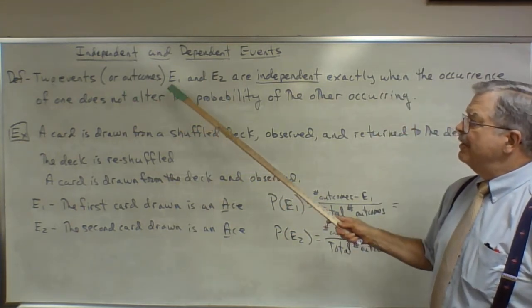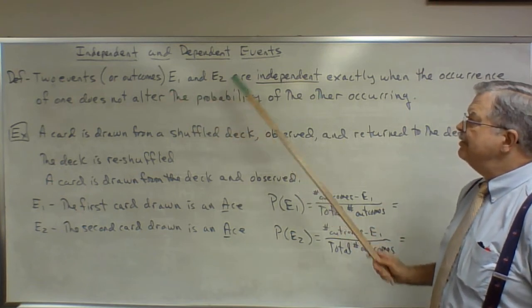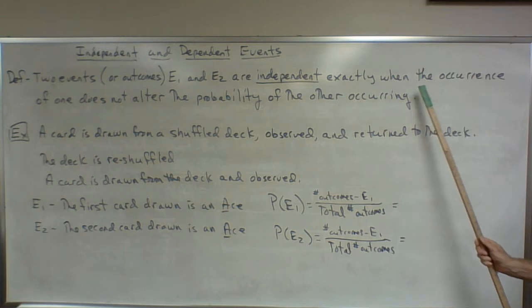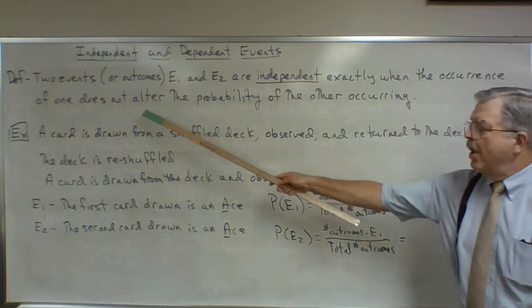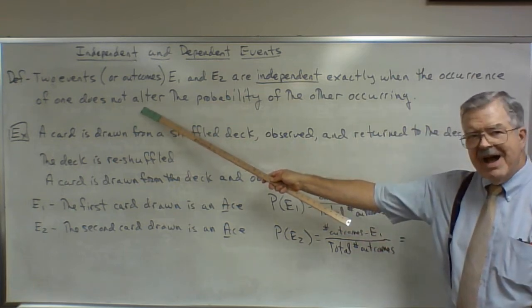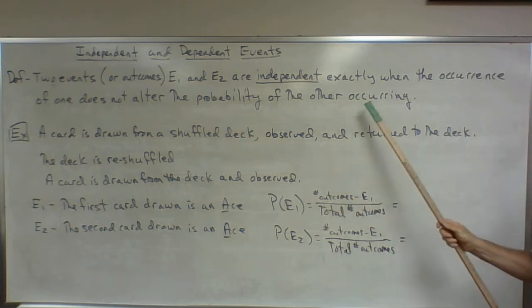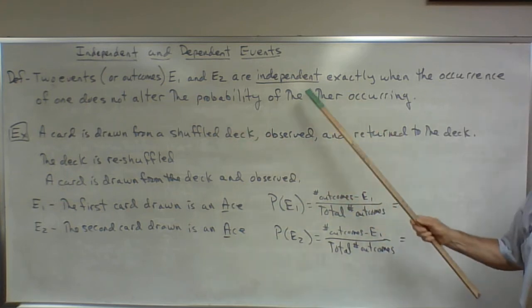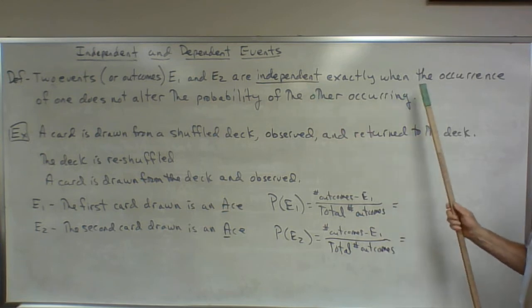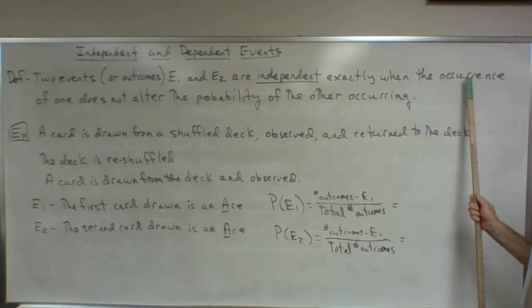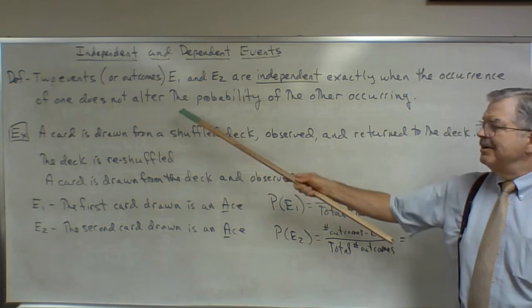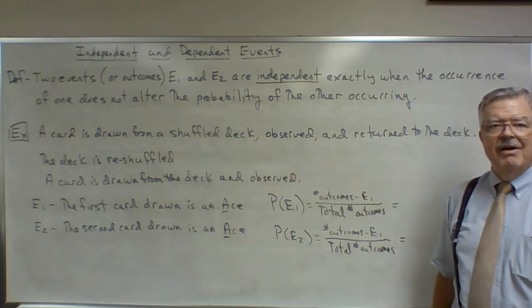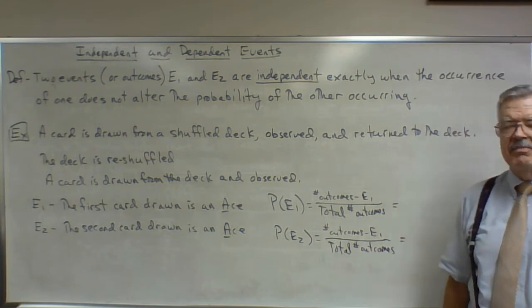Two events or outcomes, E1 and E2, are independent exactly when the occurrence of one does not alter the probability of the other occurring.